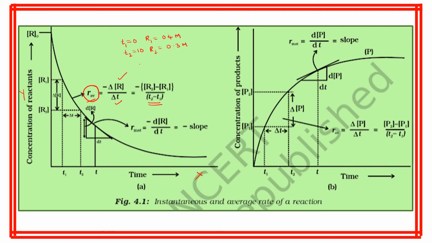Now what will be the average rate? Substituting in this formula, we get 0.3 minus 0.4 divided by 10 minus 0. You are going to get minus 0.1 by 10, that is equal to minus 0.01.